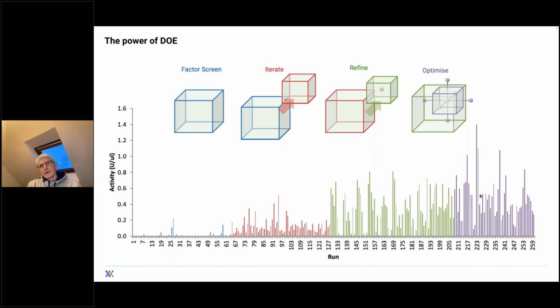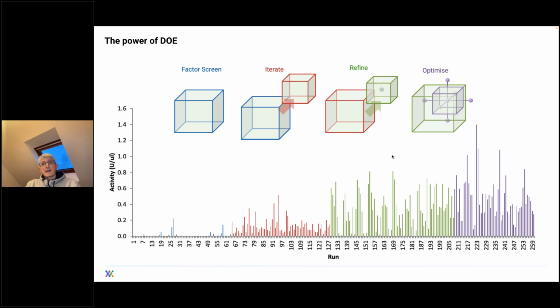So very rapid optimization of a complex biological system. This was a 15-factor experiment that we ran over 4 weeks, where there's about 64 runs per experiment. So it shows you the power of DOE to be able to cut through biological complexity.